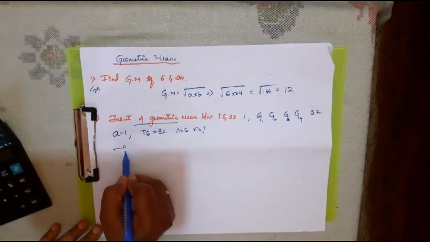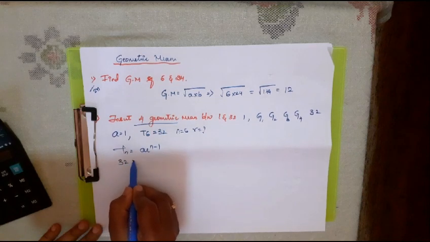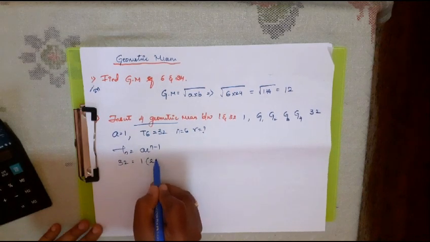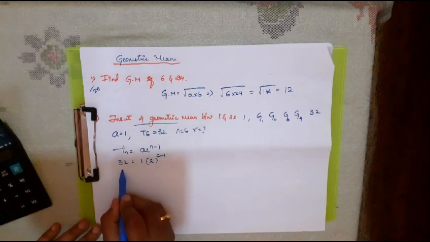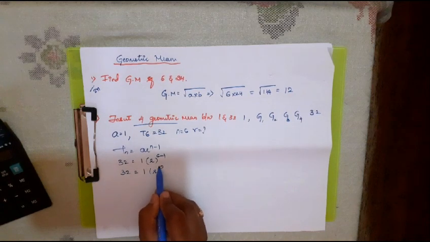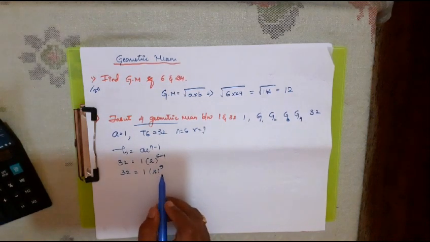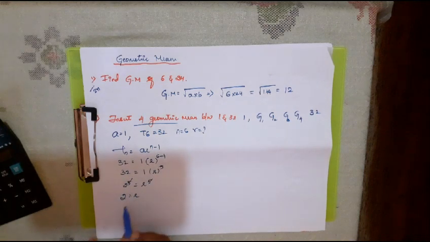Okay, find this. Tn is equal to AR to the n minus 1. Tn is 32, A is 1, R to the power 6 minus 1. So 32 is 1 into R to the power 5. Okay, so 2 to the power 5 is equal to R to the power 5. 2 is equal to R.